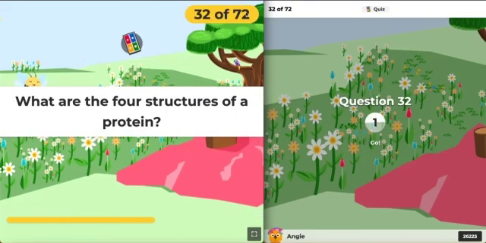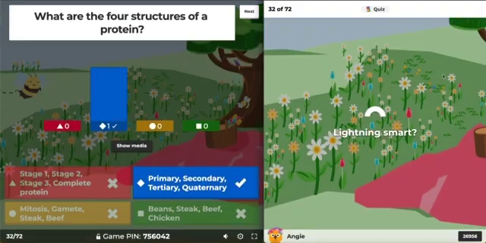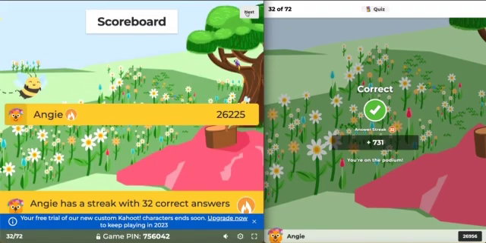What are the 4 structures of a protein? The 4 structures of a protein are going to be primary, secondary, tertiary, and quaternary. Those are the stages in which the structure of the protein is formed, because it goes through a process in order to shape and become a protein.